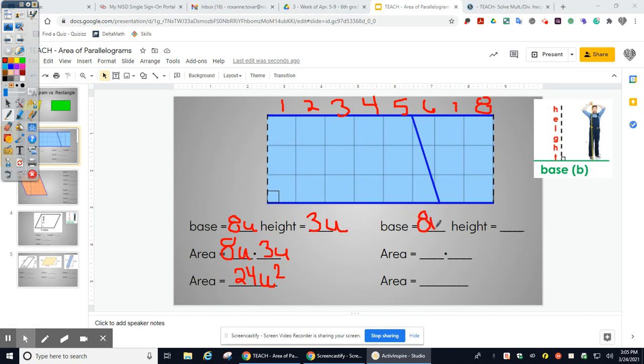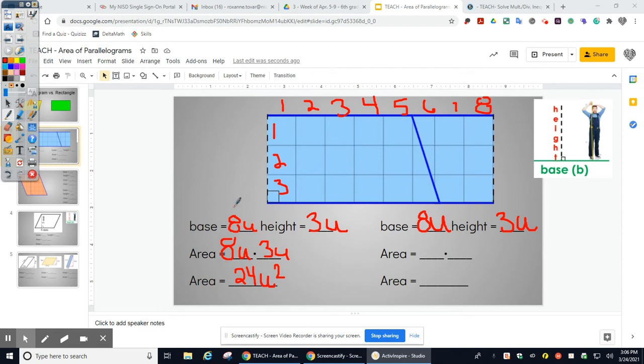It was still 8 units. Okay, now let's go ahead and take our height. Now I can take the height right off the edge because it's a straight line. It forms that right angle with the base. So we have 1, 2, 3. So 3 units would be my height.